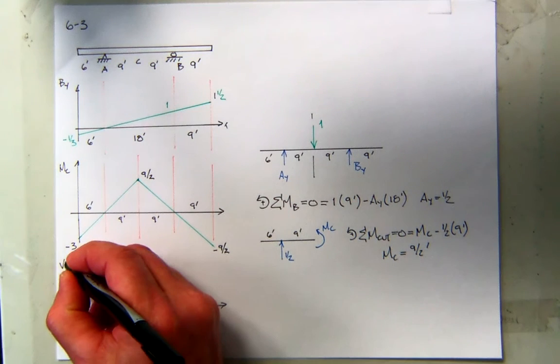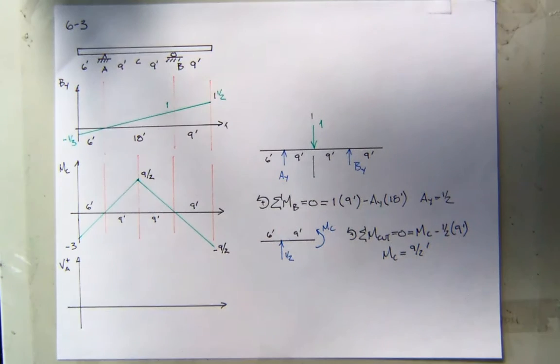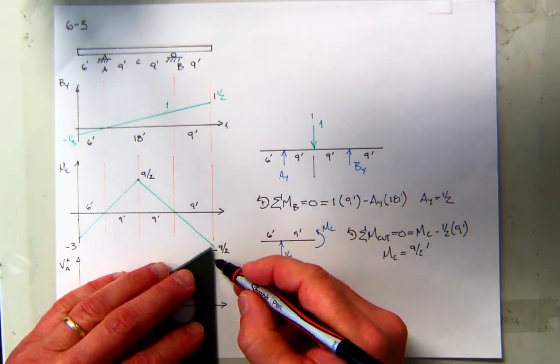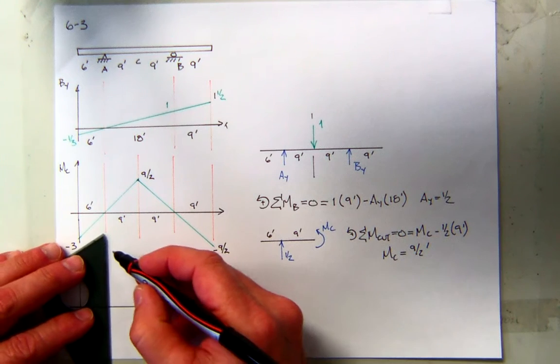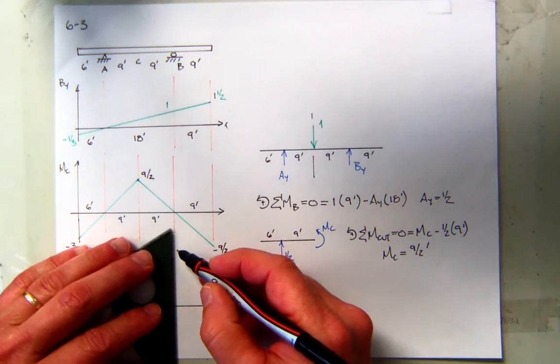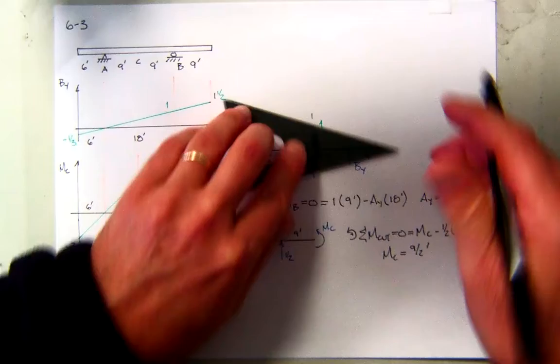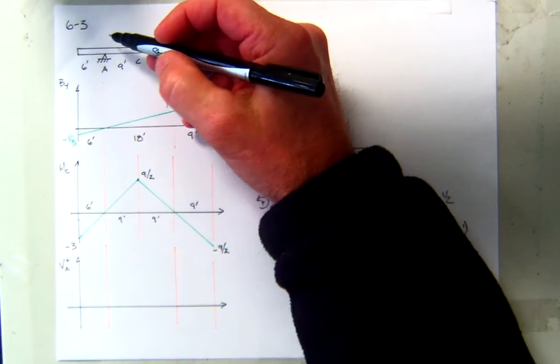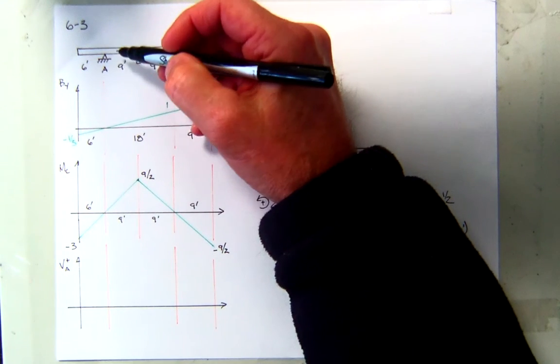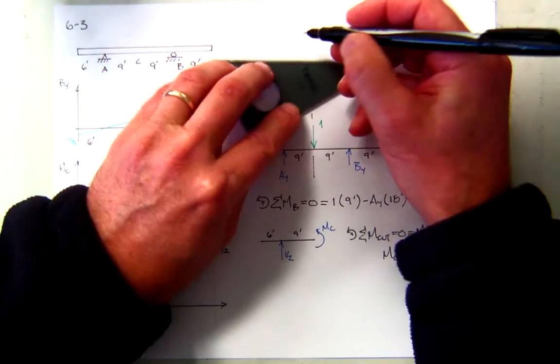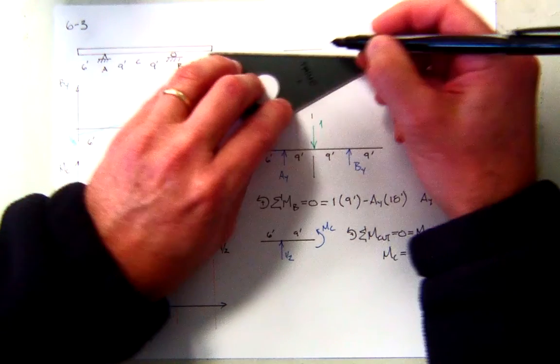So I'll put a positive there, meaning to the right of A. And I'm gonna draw it a little bit differently to help you see it. So let me redraw the structure here, and I'm going to put our little shearless connection just to the right of A.